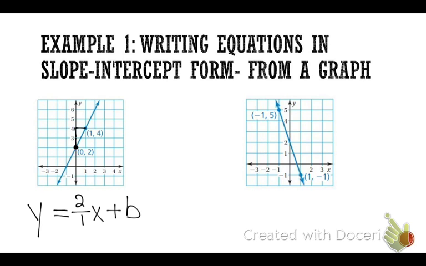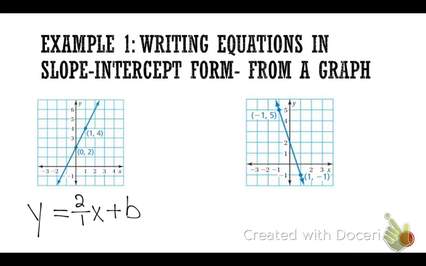Now, does anybody remember what b stands for? The y-intercept. It does. It stands for the y-intercept. Is that also something that I could determine based on the graph? Yes, because where the line intersects the y-axis is going to be my b value.